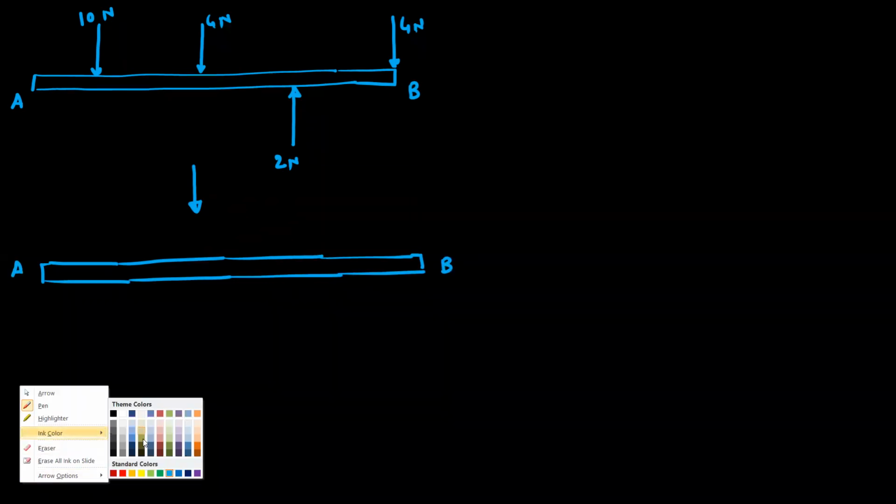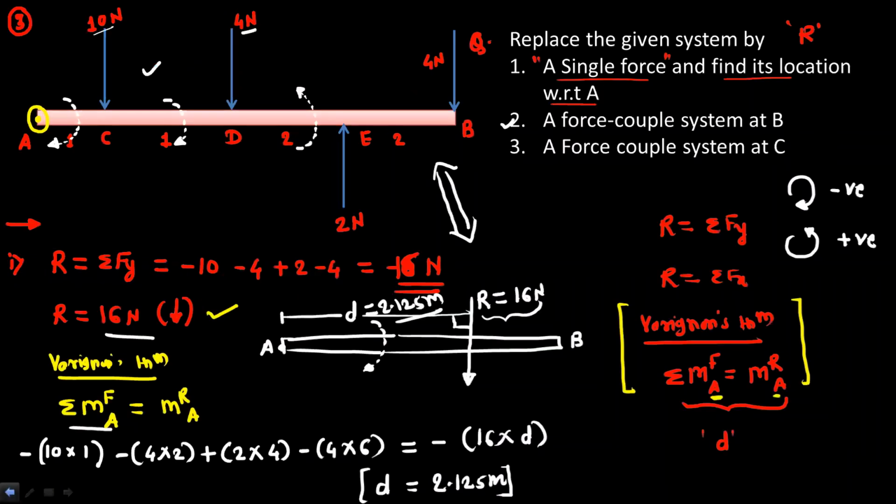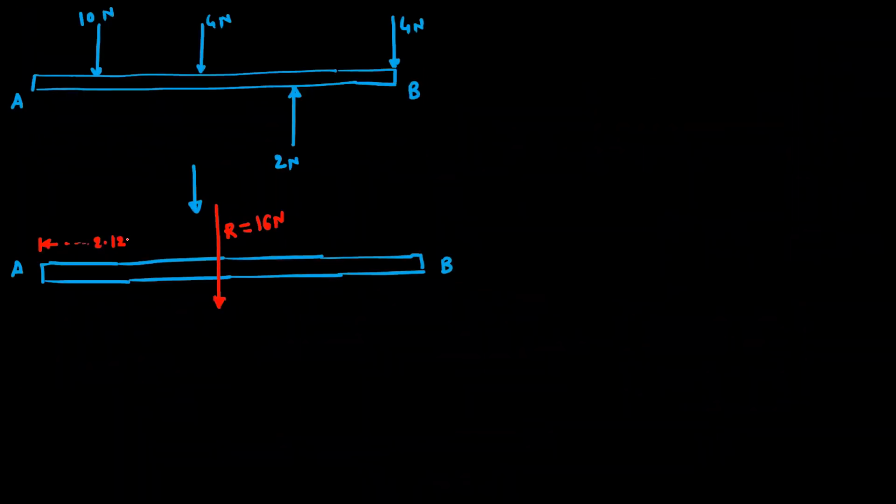For this resultant system, the resultant R is equal to 16 Newton in the downward direction, and its distance is 2.125 meter with respect to point A. Now the total distance from A to B is 6 meters.